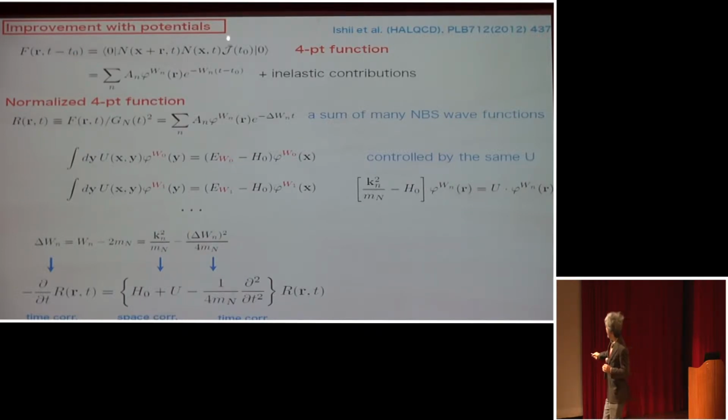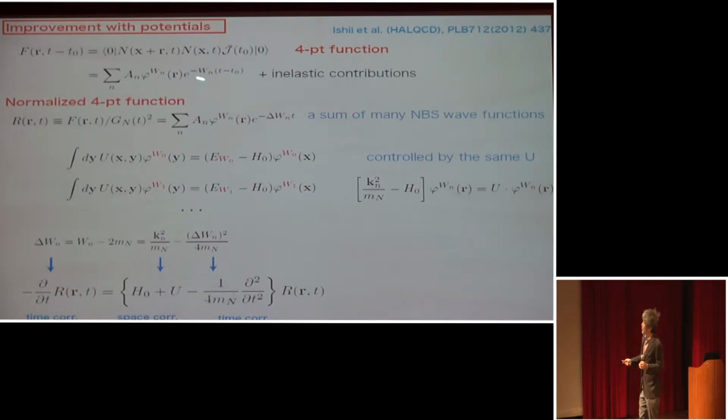If we put a complete set between this creation operator and annihilation operator, this can be written as a sum of the NBS wave functions times some exponential suppression factor, plus inelastic contribution. But if T minus T0 is large enough, this inelastic contribution is suppressed. This scale is about 1 fm, so it's possible with current computational resources.